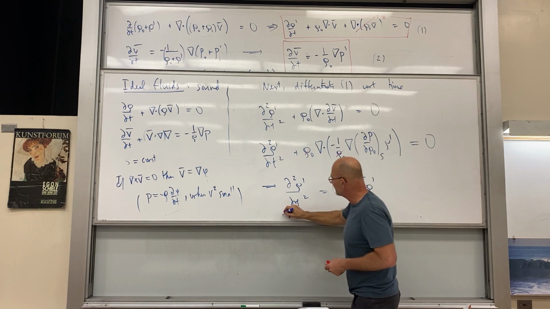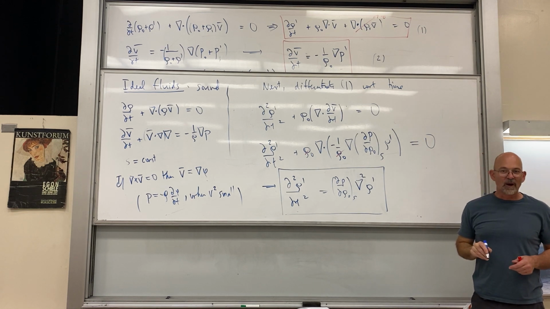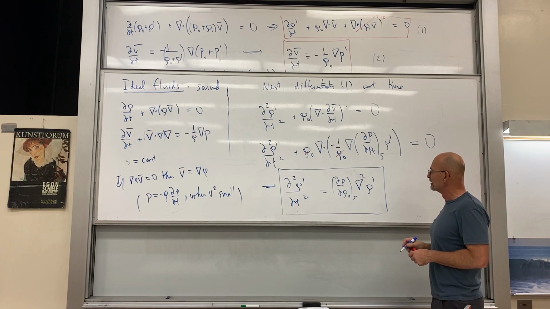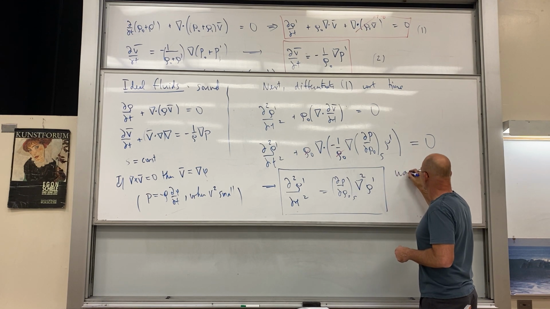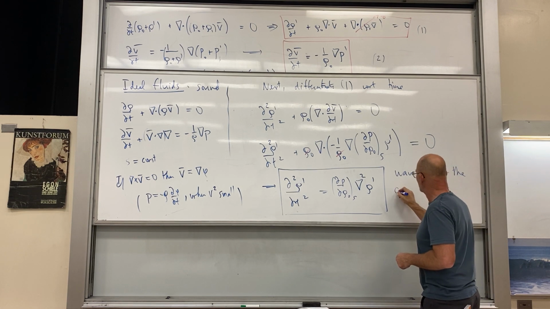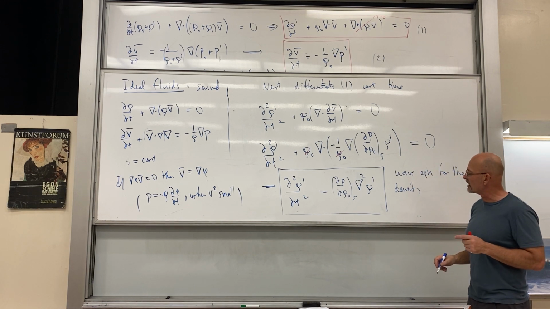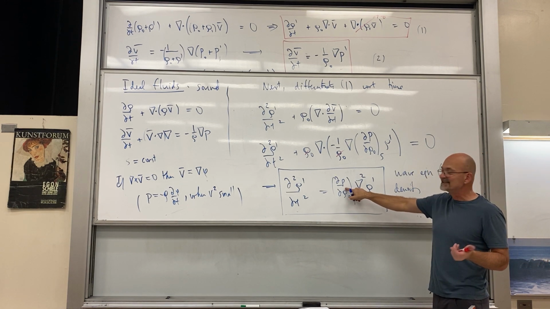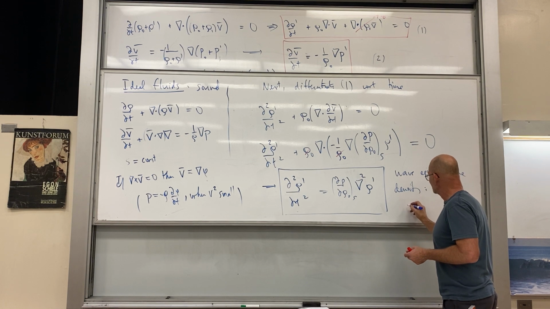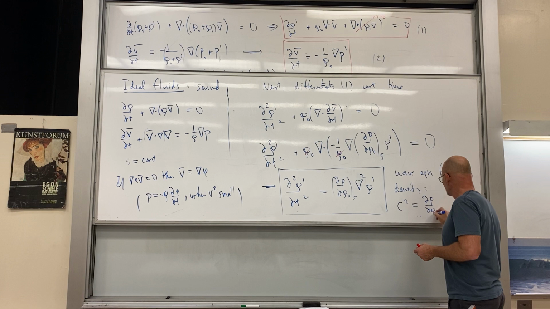Okay. And this is manifestly the wave equation for the density. And since we already have v being used often enough, we're going to call this wave speed c. c squared is dp d rho at constant s.